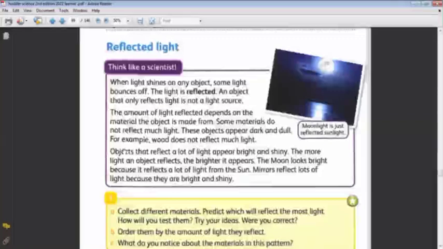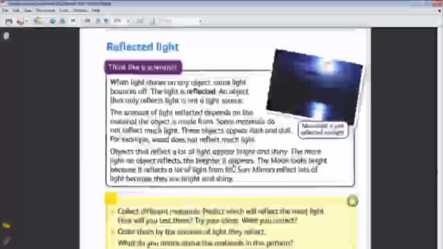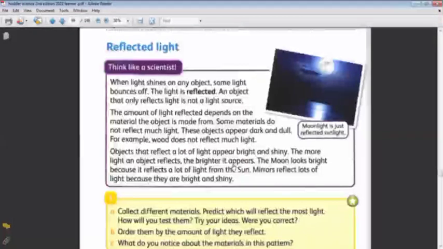The more light an object reflects, the brighter it appears. As this thing reflects a big amount of light, it appears bright, like the mirror. We can see that the mirror is a bright thing. It's bright because it reflects a big amount of light. The things made of metal reflect a big amount of light, so they appear bright.